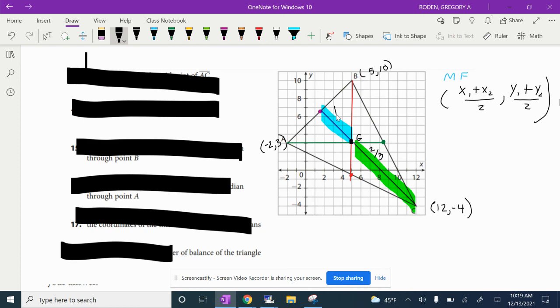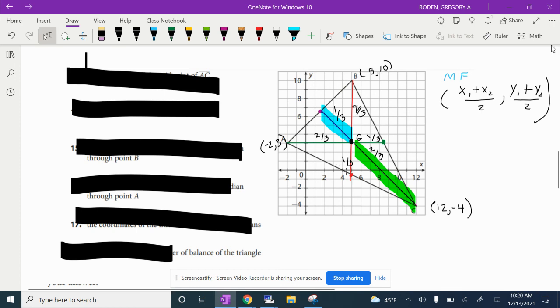This is 1/3 of the entire median. Does everyone understand that? Likewise, this is 1/3 and this is 2/3. This part of the red one is 2/3 and this is 1/3 of the entire segment.